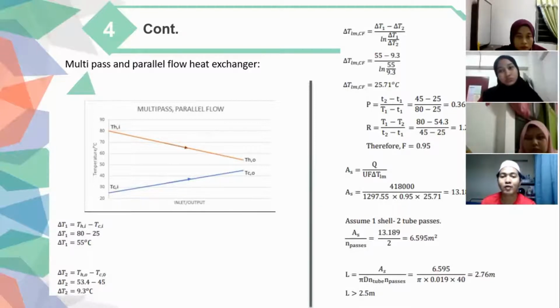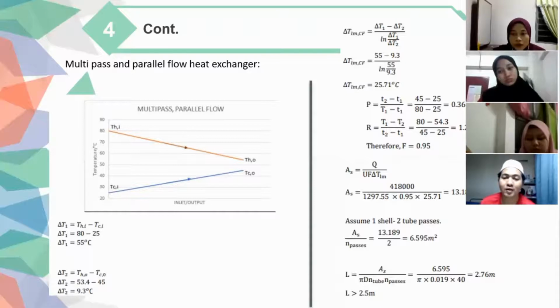Therefore, we have to find the correction factor using this expression. From the figure in the textbook, we get the factor as 0.95. Sorry, the correction factor, not fouling factor.